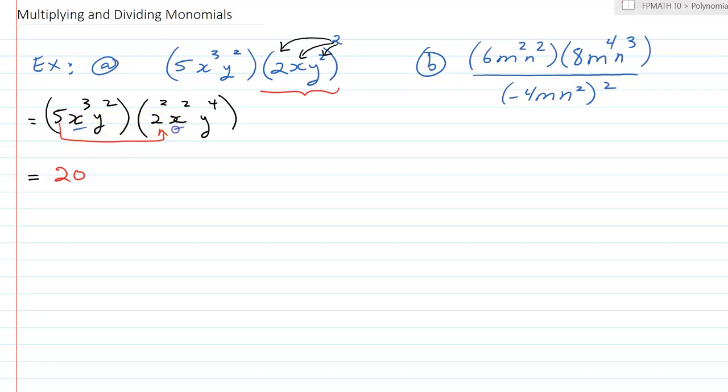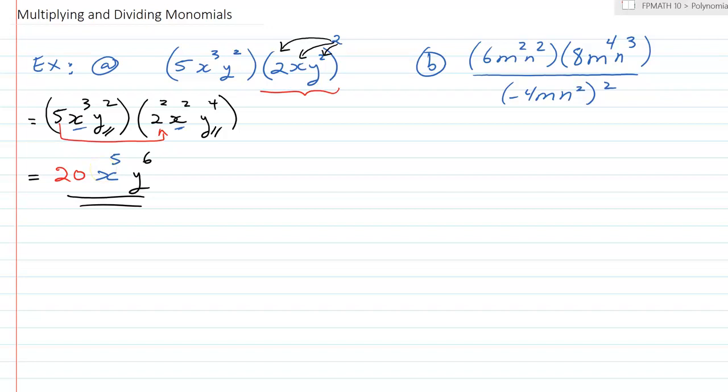So x first, same base, we will add the exponents. And then last thing, the y's, y squared, y to the 4, add the exponents, that would be 6. So final answer, 20 x to the 5, y to the 6.